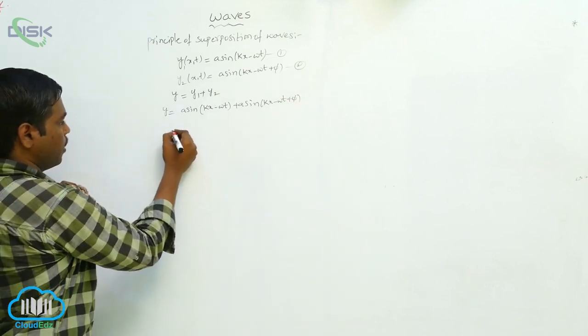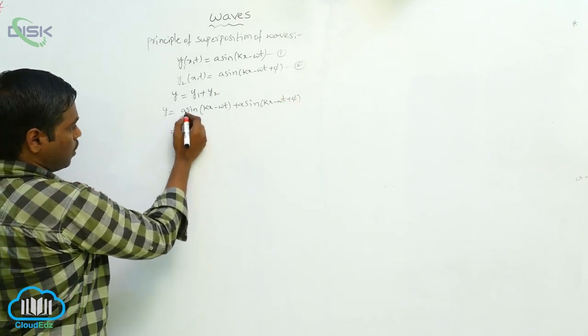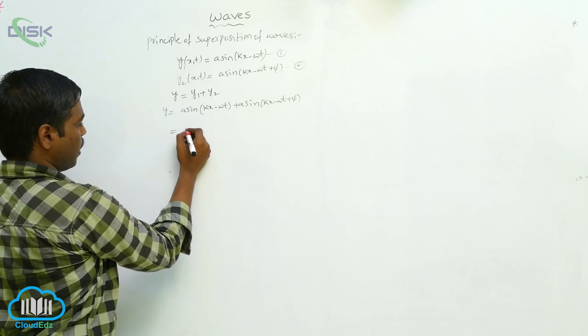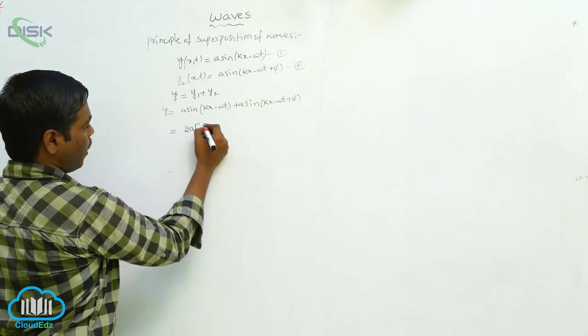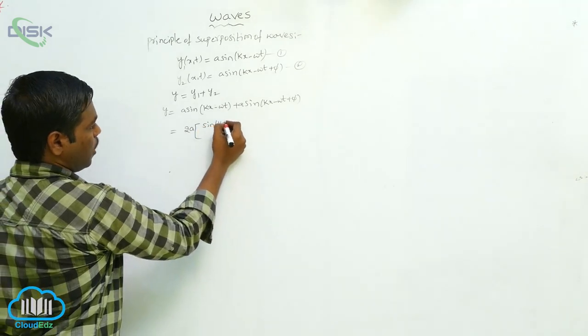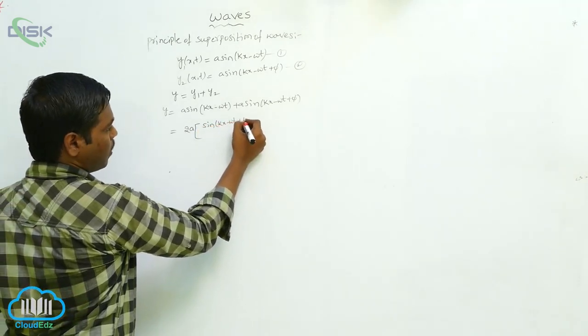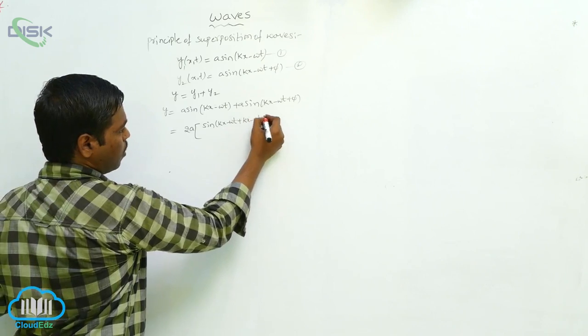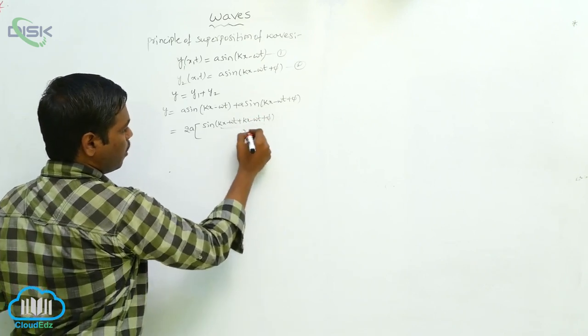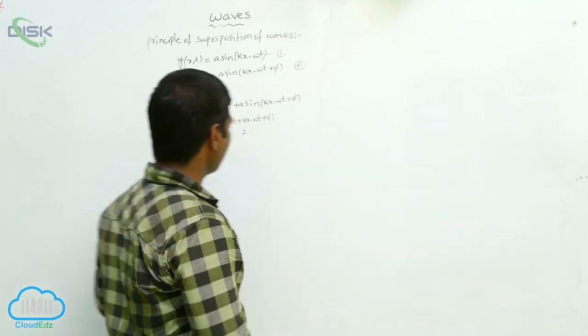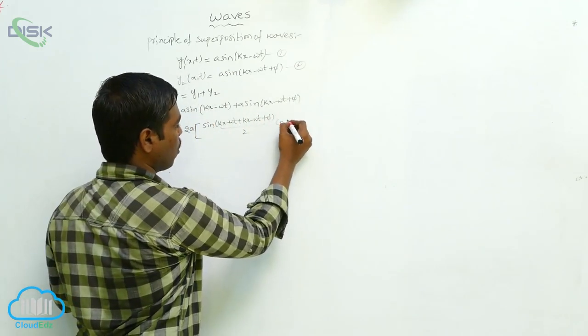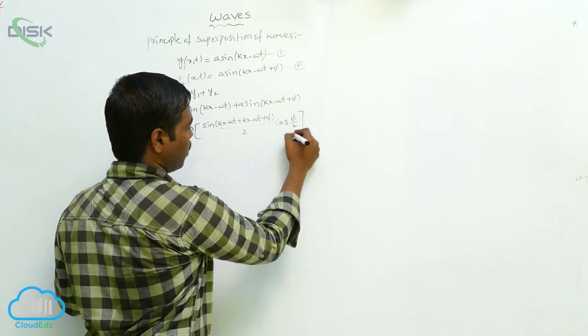This we can write with a as common, then we get 2a sin((kx minus omega t plus kx minus omega t plus phi) by 2) into cos(phi by 2).